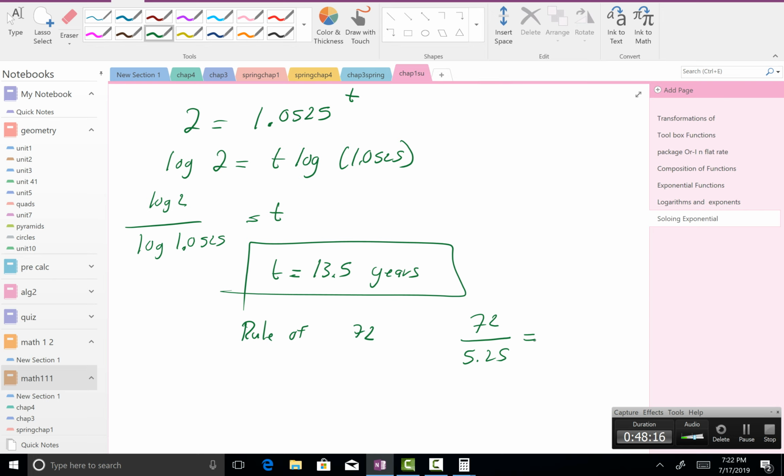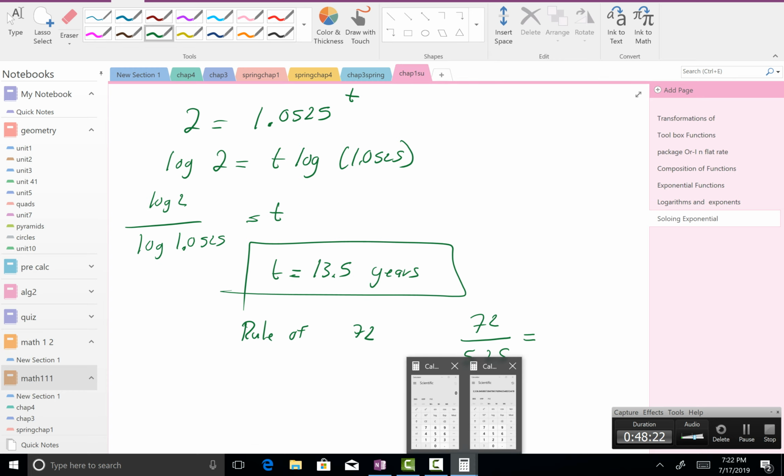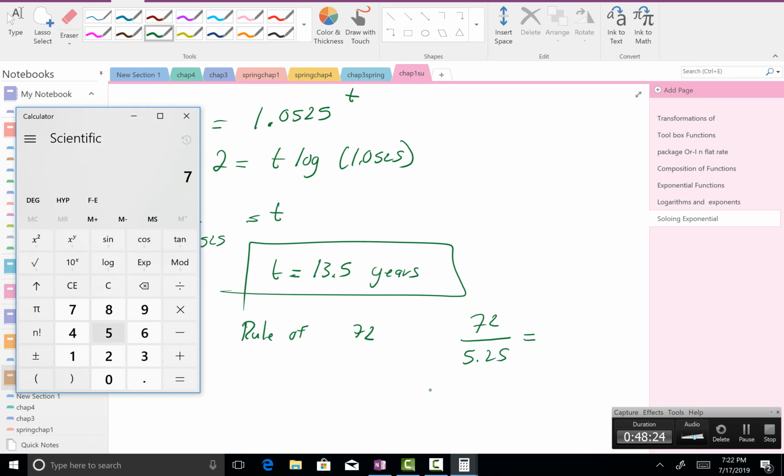I can't even tell you how come it works, but it usually does. So if I take 72 and divide it by 5 1/4, 13.7, pretty dang close. It's called the rule of 72. It gives you an idea how long it takes to double something.